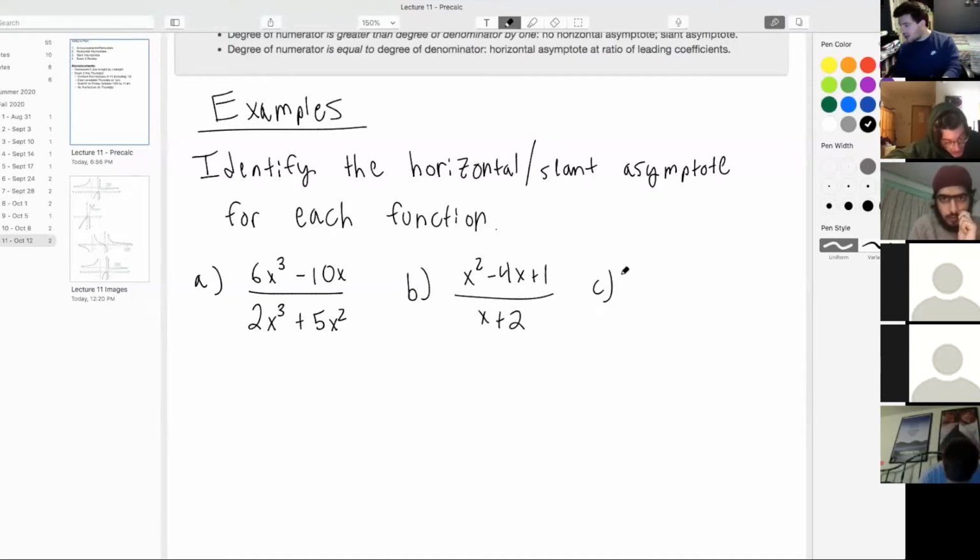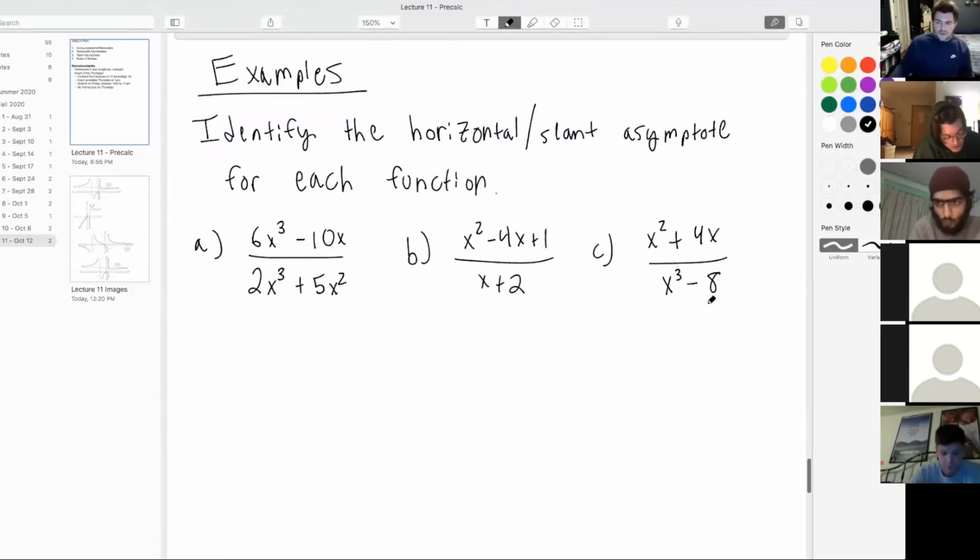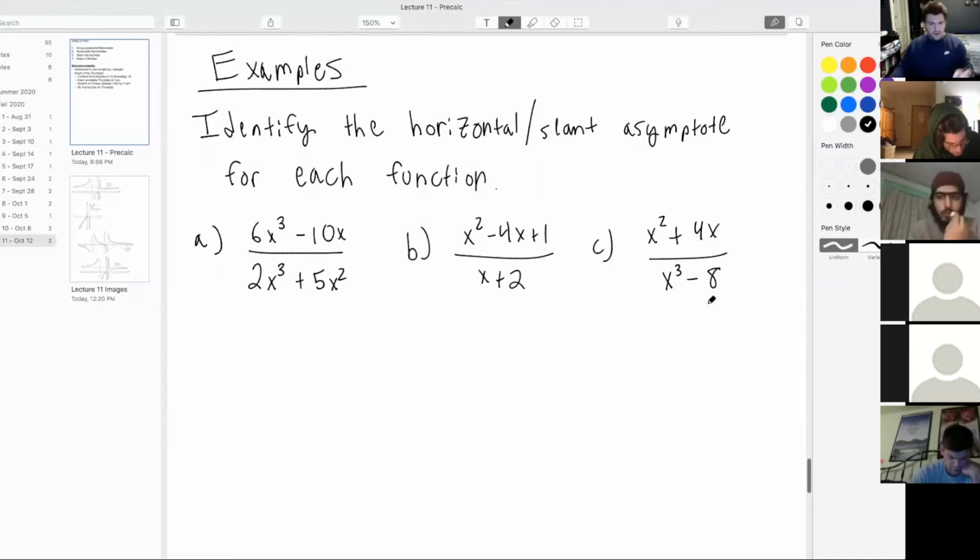And the last guy will be x squared plus 4x divided by, sorry, just having trouble reading my handwriting. Yes, x cubed minus 8. Okay, so let me just work through these examples very quickly.